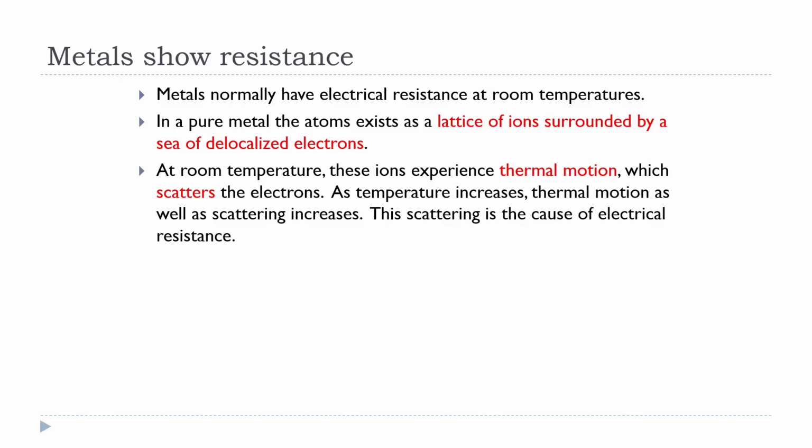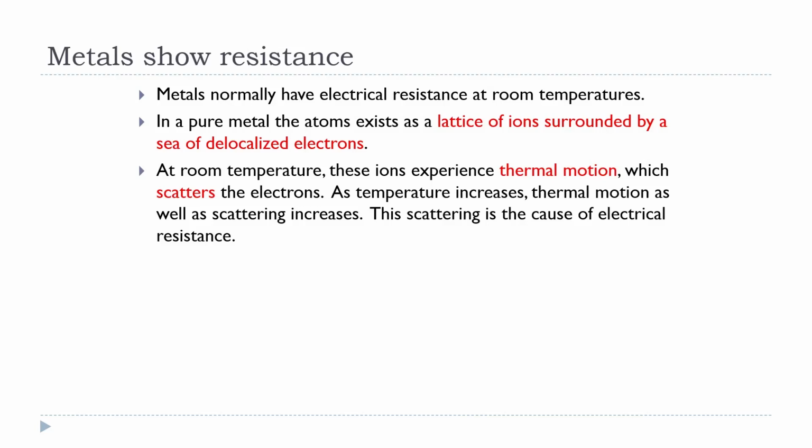There will be an excess number of electrons that can move about in that lattice. So they are delocalized. They are not localized to a particular point. They can move around. So we can say that in a pure metal, the atoms exist as a lattice of ions surrounded by a sea of delocalized electrons.